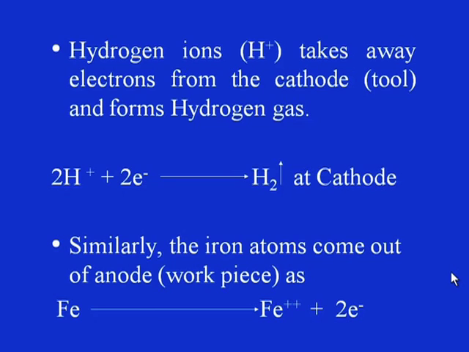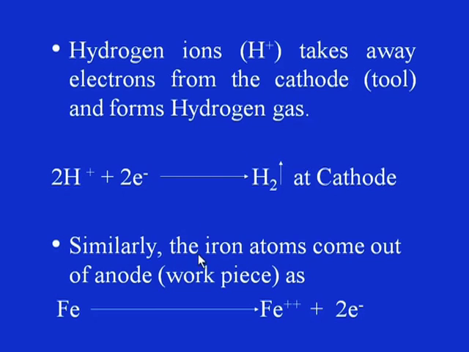Now, these hydrogen ions take away electrons from the cathode, which is a tool here, and form hydrogen gas, like 2 hydrogen ions combine with 2 electrons to form one hydrogen molecule which comes out from the solution at the cathode.